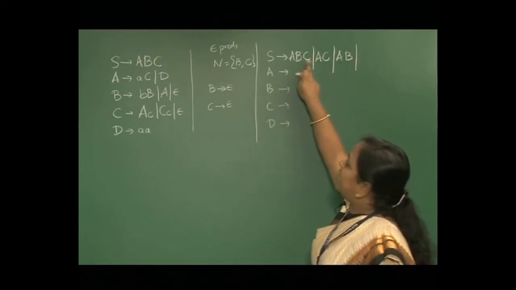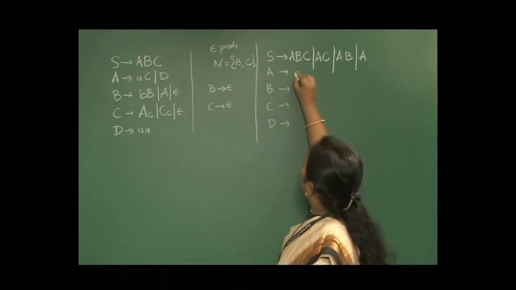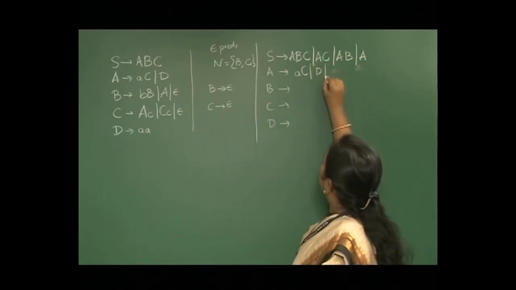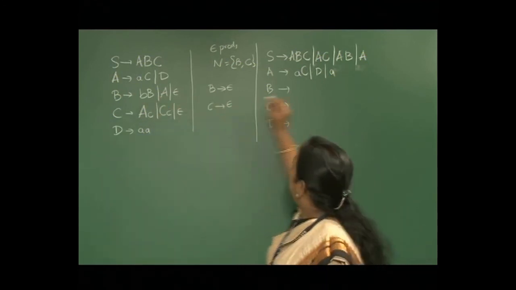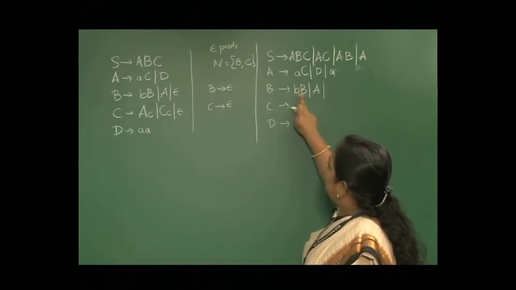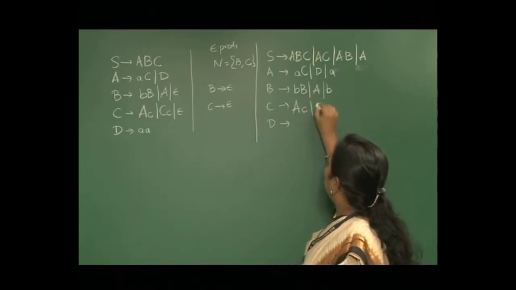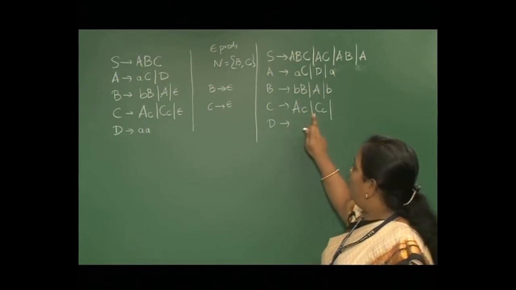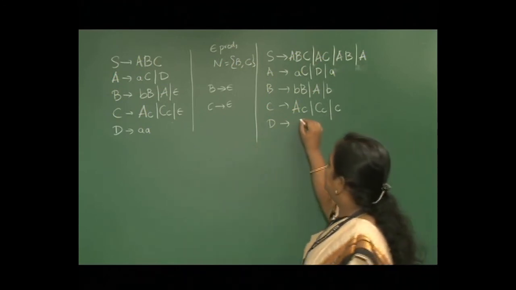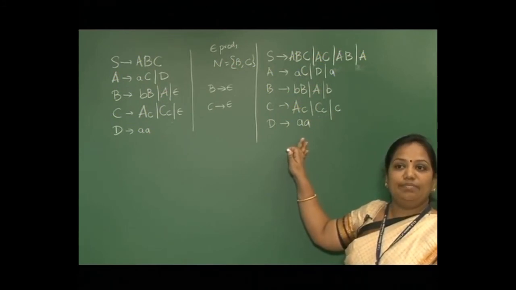If both B and C are epsilon, then I will get A. Next, A tends to AC or D. If C is epsilon, I will get A. Similarly, B tends to BB or A, or if B tends to epsilon, I will get B. Then C tends to AC or CC, and A is not epsilon, whereas C tends to epsilon means I will be left with C, and D tends to AA as it is. So this is the grammar obtained after eliminating epsilon productions.